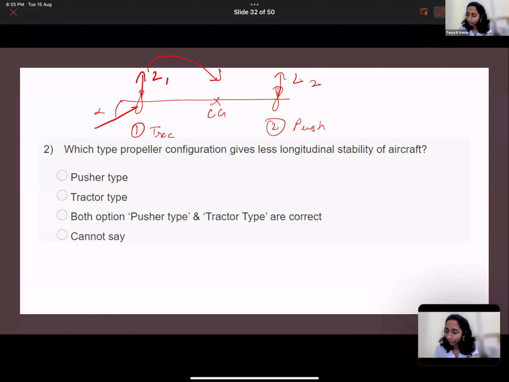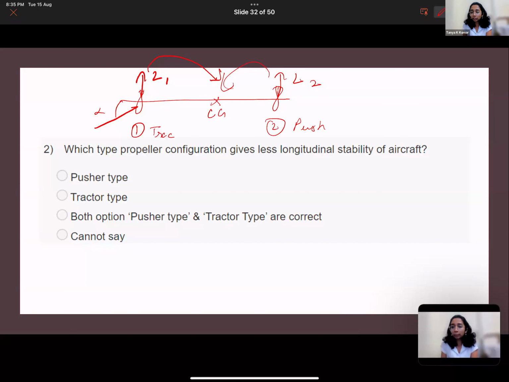So tractor does not give you longitudinal stability. What about pusher? It gives you pitch down. It gives you longitudinal stability. So what is the right answer here? Which type of configuration gives less longitudinal stability? The tractor gives you pitch up moment.